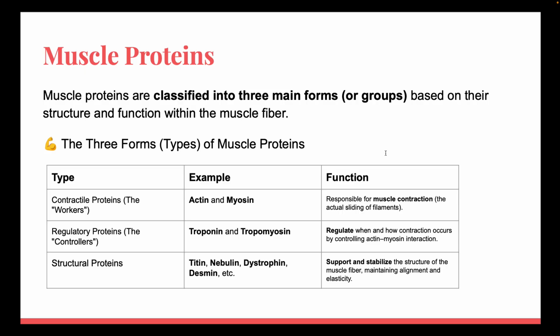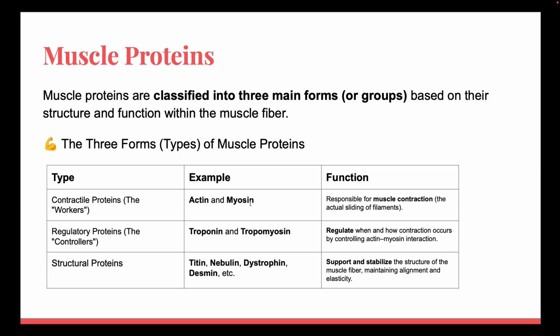When you hear the name actin, actin is very thin. It's a thin protein filament. But myosin is thicker than actin. Then there are other proteins which are responsible for regulating whether contraction should occur or should not occur.